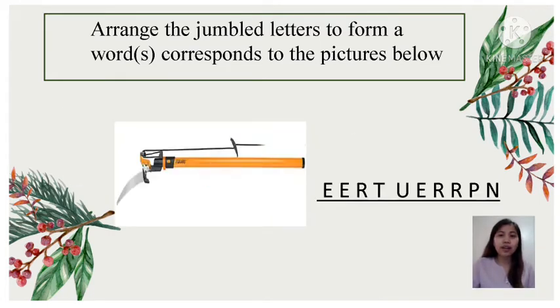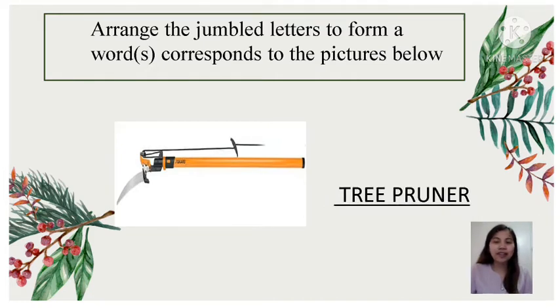How about this one? Precisely. Tree pruners. What have you noticed in our activity? Yes, you're correct. Those are the basic tools used in pruning. Later in our discussion, we will explain further their uses and function.